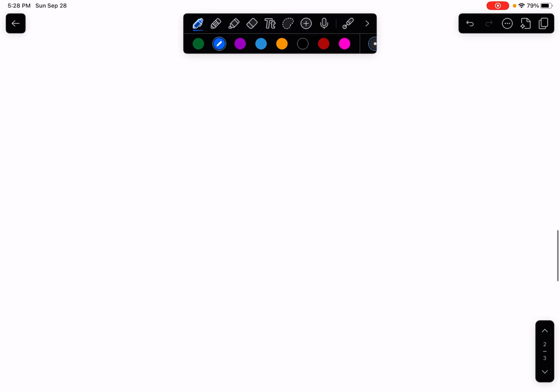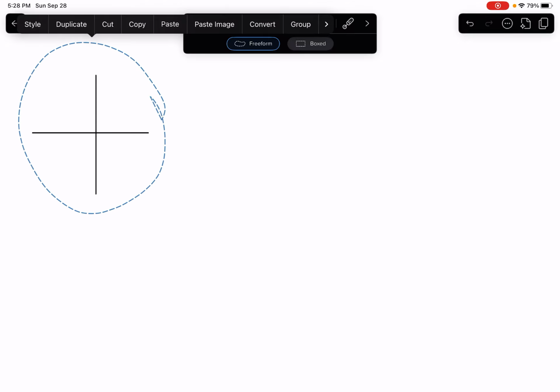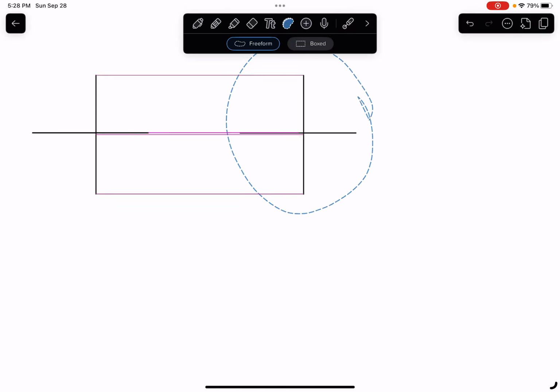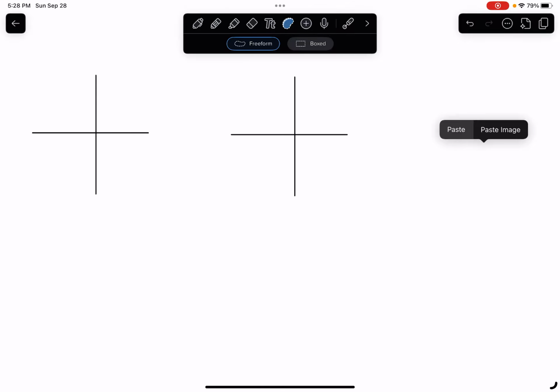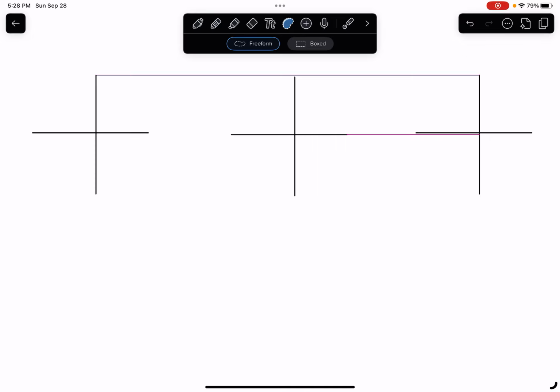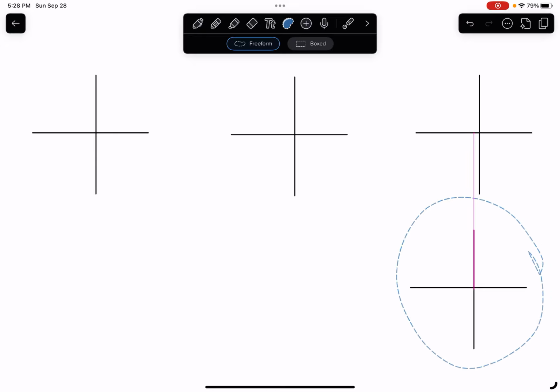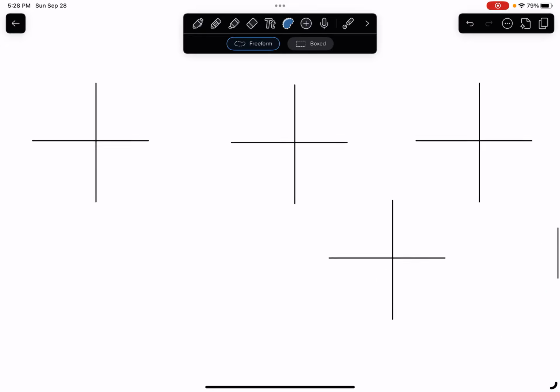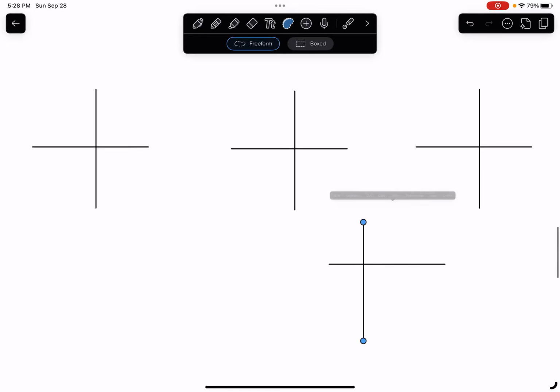So as an example, let's say we have these four graphs.